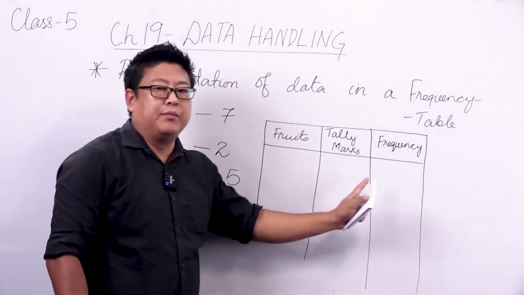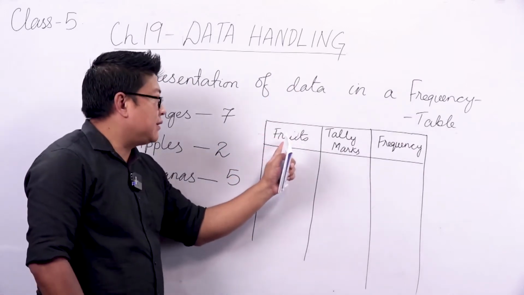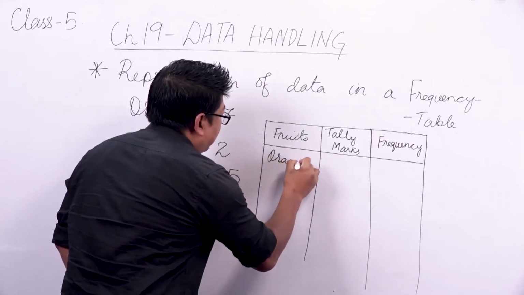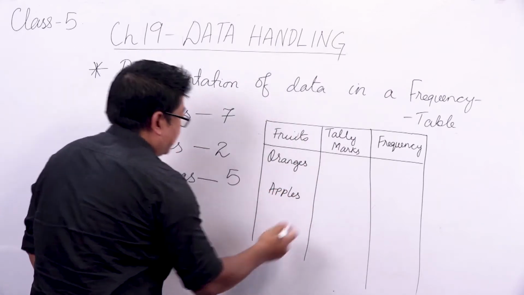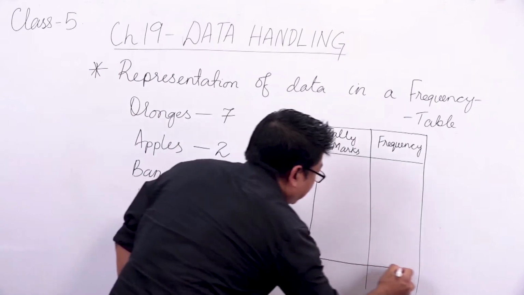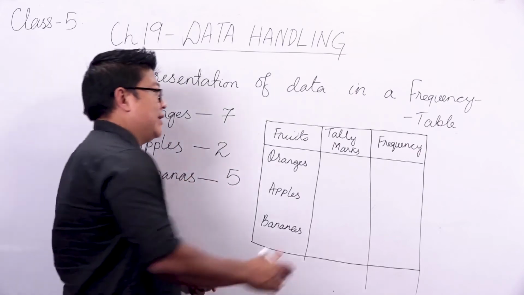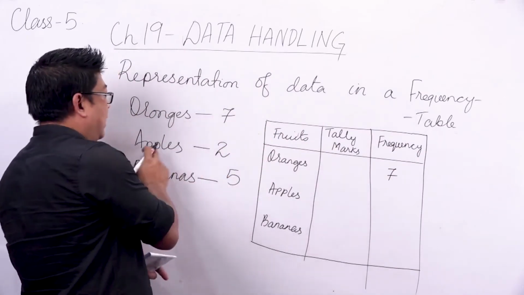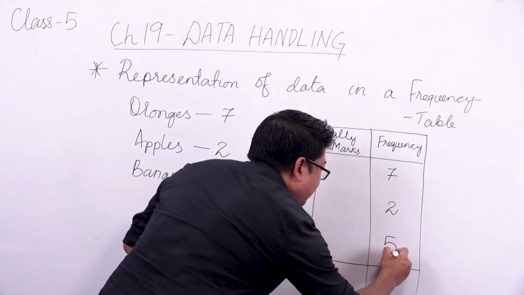The first column is for fruits, so we will write oranges, apples, and bananas. The number of oranges is 7, so we write 7 in the frequency column. The number of apples is 2, and the number of bananas is 5.